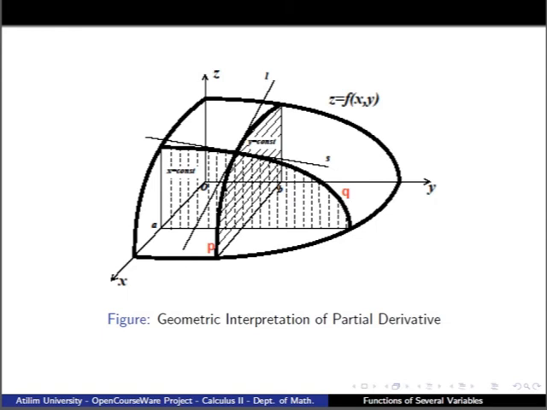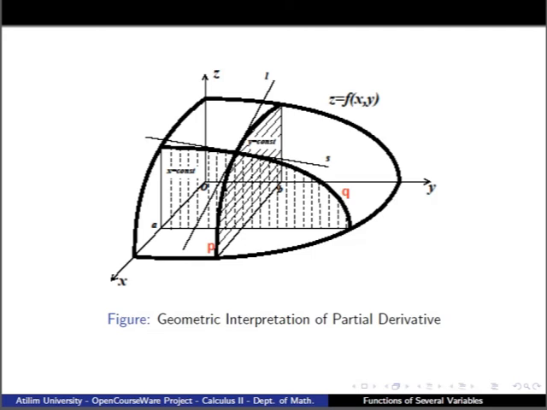In a similar way, the intersection of the plane x equals a and the surface gives us the curve Q, where the slope of the tangent line S is the partial derivative of this function f with respect to y at the point (a, b) on the surface. So those are very analogous to the geometrical meaning of the derivative of a single variable function.